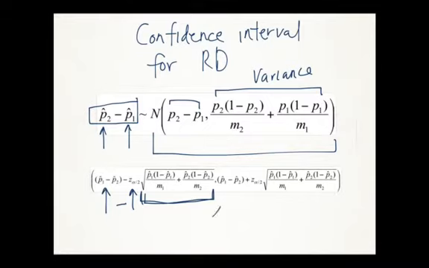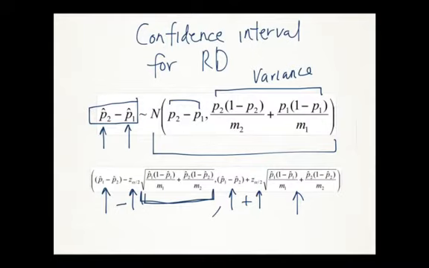Then, the point estimate again, but now plus the critical value times the standard error. Hopefully the form of that is very familiar to you by this point. It's the same form we've always used for developing our confidence intervals. So that's the confidence interval for the risk difference.